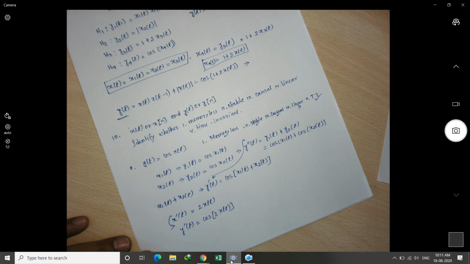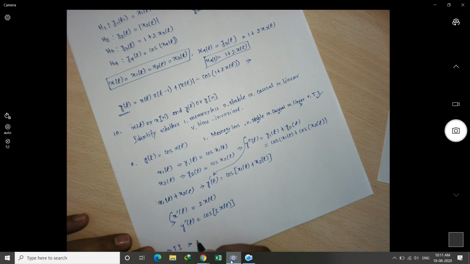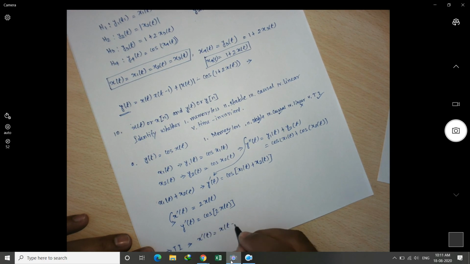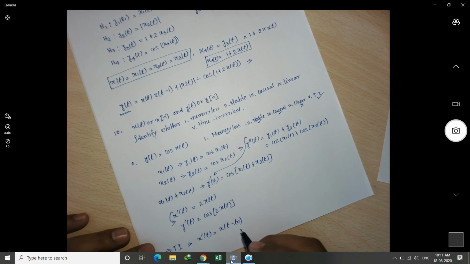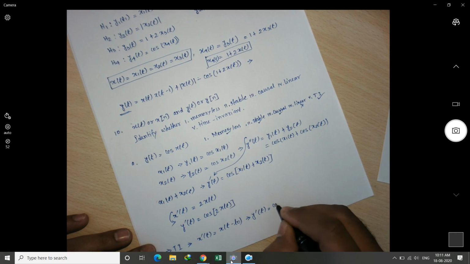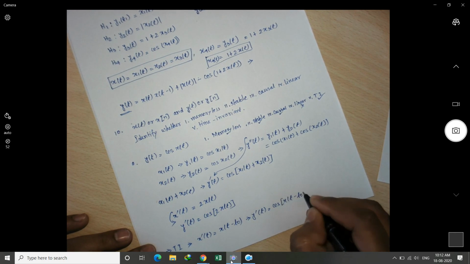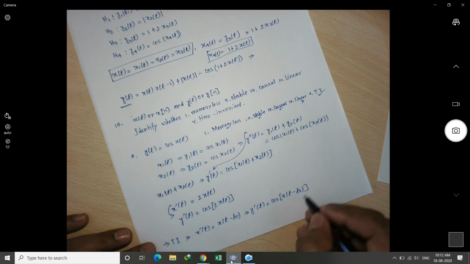So how are we checking for time invariance? First, the input is time shifted. For time invariance, some input x prime(t) is time shifted. So let us consider t minus t naught. So the output which we have been expecting for this case, y prime(t), is cos of x of t minus t naught, right? So we are getting some output from this y prime(t).